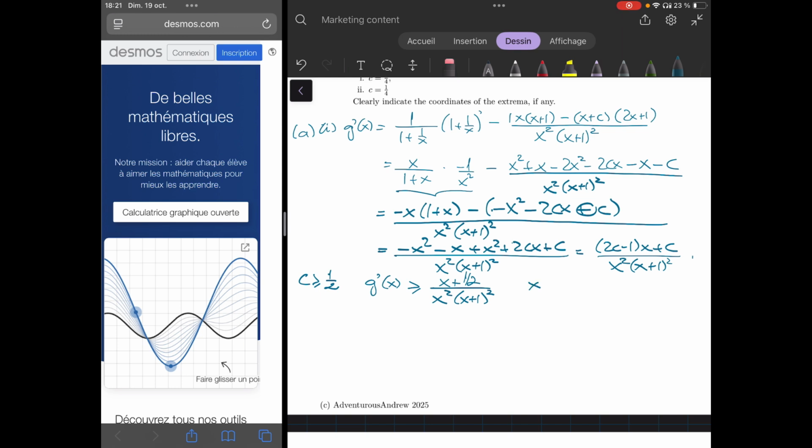If x is positive, this means that x plus 1 is positive, and x plus a half is also positive. The numerator is positive, the denominator is also positive. Therefore, g prime of x is positive.